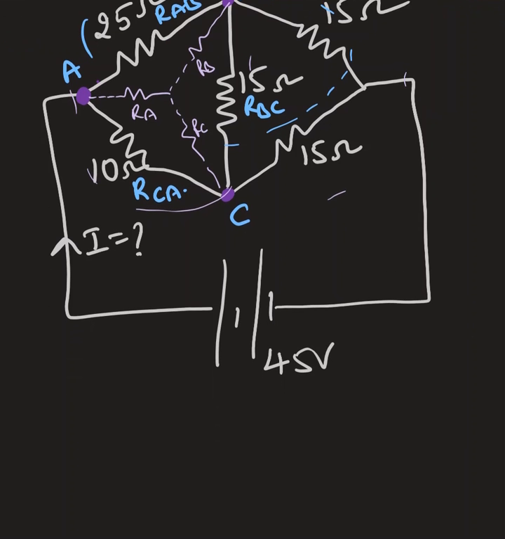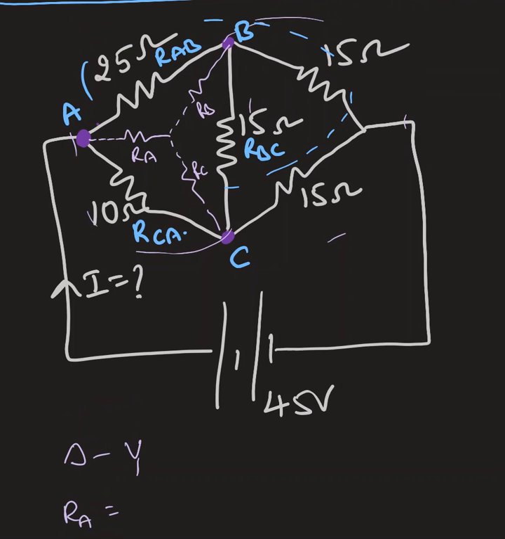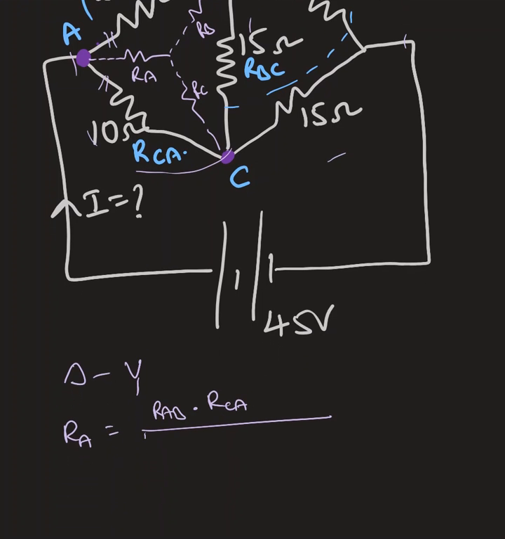So I'm converting a delta into Y. If you remember the formulas, I need to find RA equal to multiplying the two resistors connected to RA, which are RAB times RCA, over the total resistance, RAB plus RBC plus RCA.